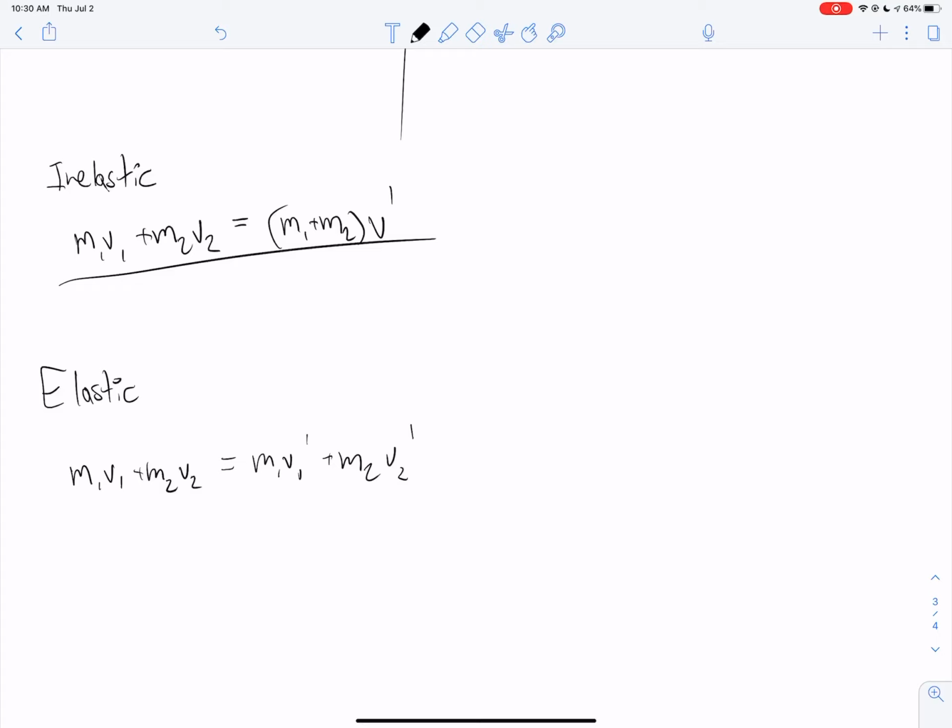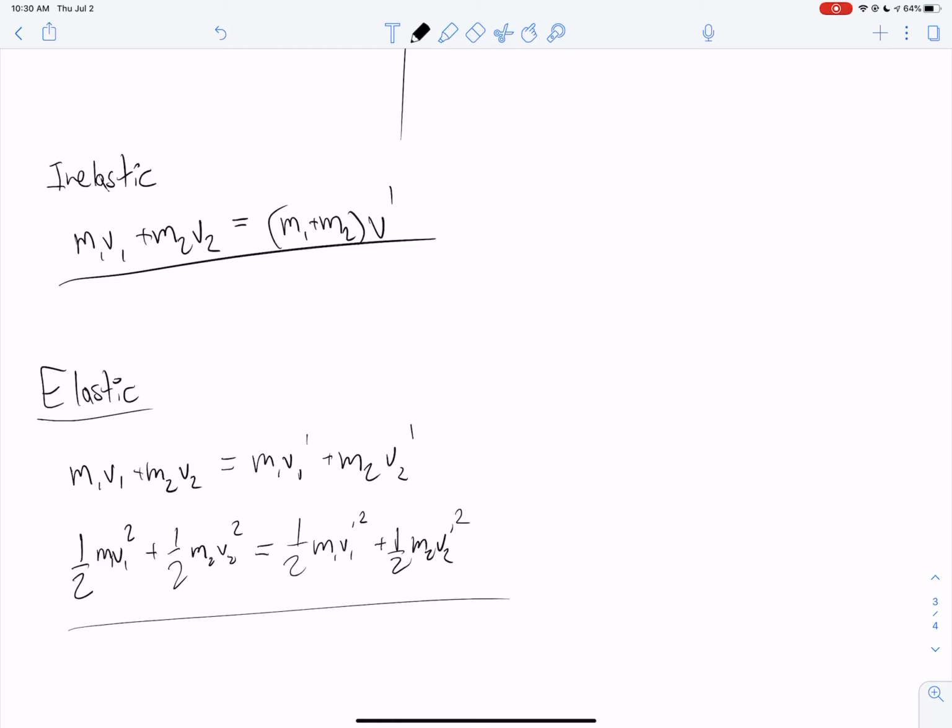Okay? And because this is elastic, you can also have a conservation of kinetic energy: 1 half m1v1 squared plus 1 half m2v2 squared is going to be equal to 1 half m1v1 prime squared plus 1 half m2v2 prime squared.